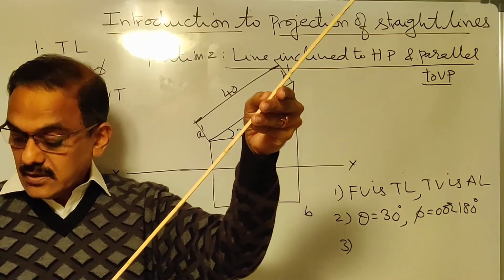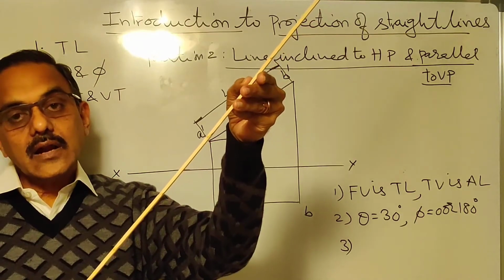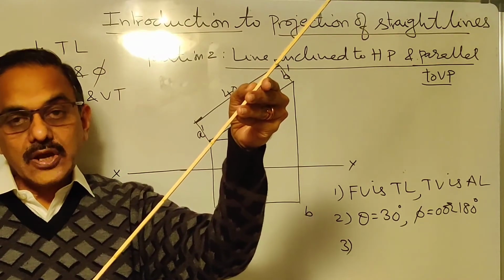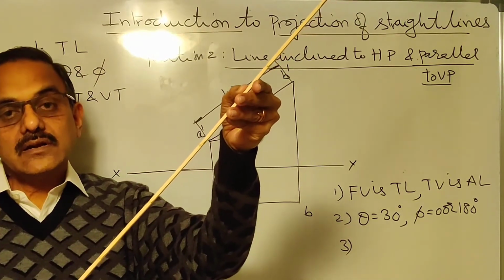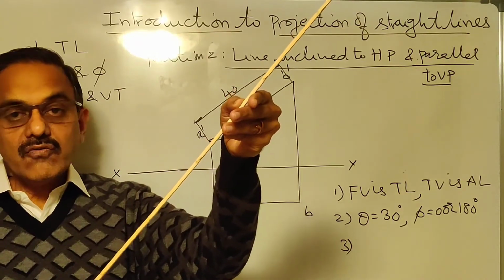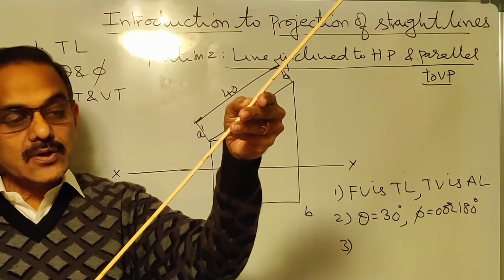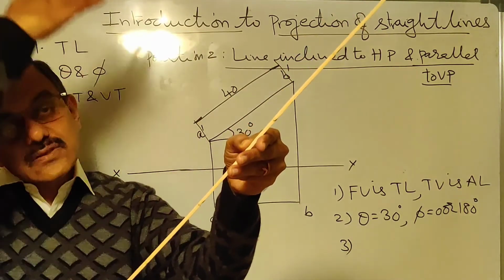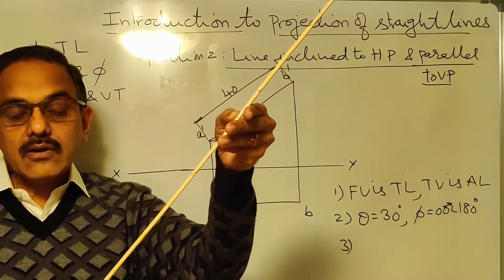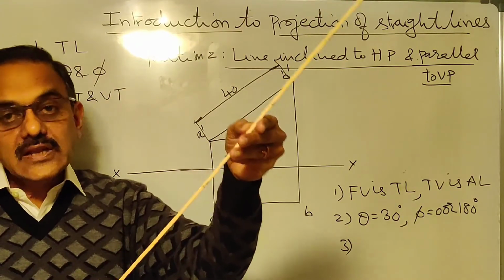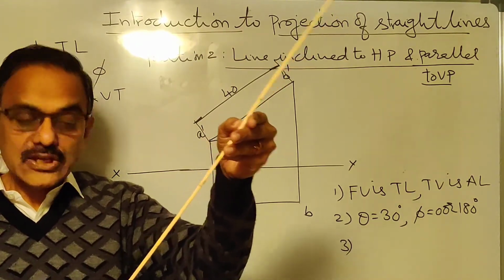When I extend it, it will go and intersect the ground or the HP at some point. So that is called horizontal trace. But will it have vertical trace? No. It will not have vertical trace because extension this way or this way, it doesn't intersect VP at all. Okay, so VT is at infinity, but it will have HT.